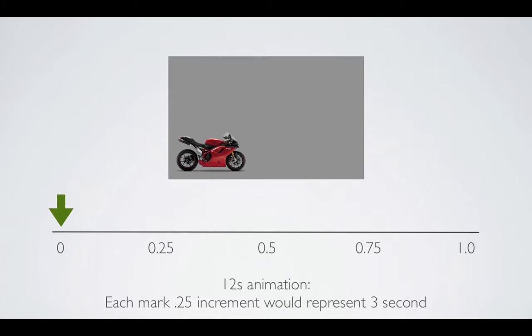We don't have to worry about the specific duration that the whole animation will take. For example, if we say that this animation will take 12 seconds to complete, we set the duration to be 12 seconds, but our animation will still stay the same. We don't have to worry about the exact times that each frame will represent. If the animation was 12 seconds, each increment would represent 3 seconds.